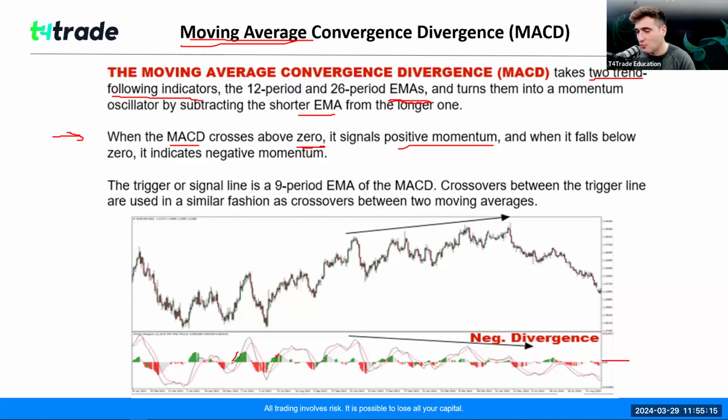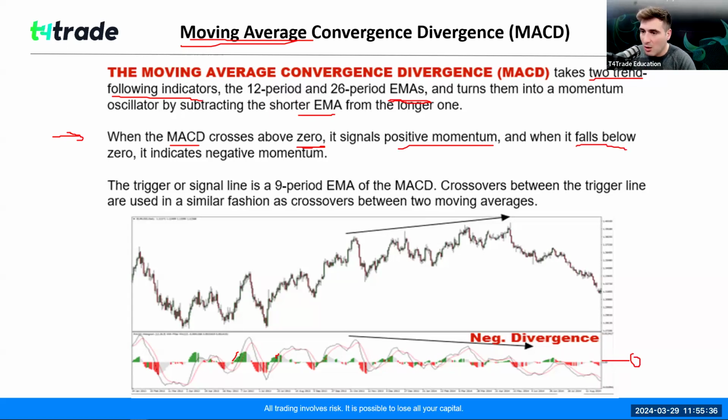So if the trend is moving upwards and you see the MACD above the 0 line with positive green histogram bars, that means there is an acceleration in that direction. In other words, there's strong, positive momentum around this price action.